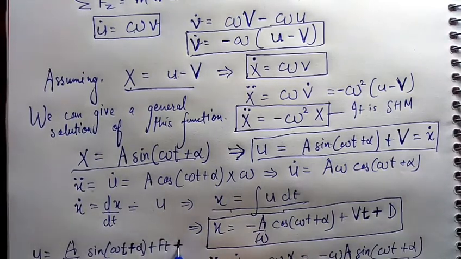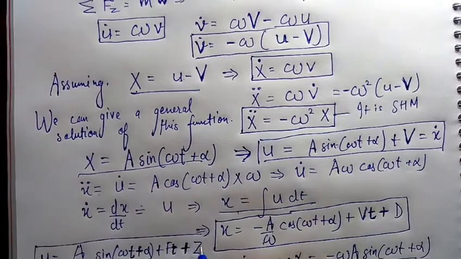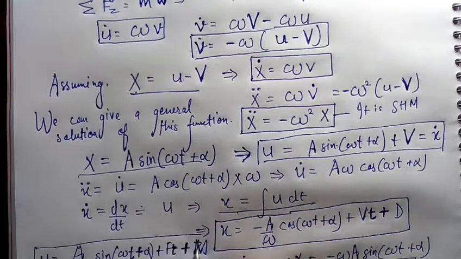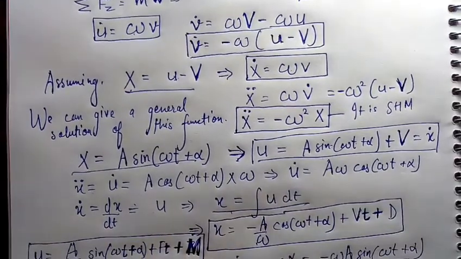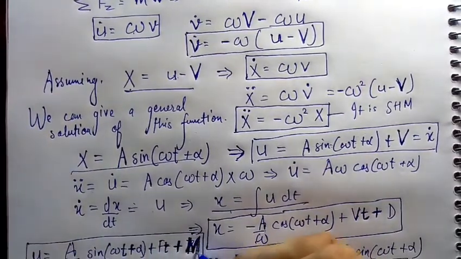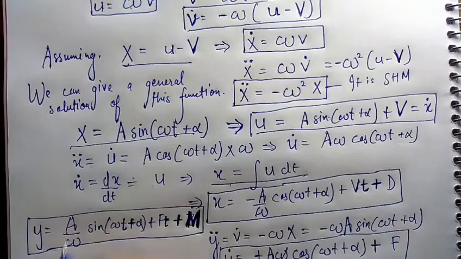Let's choose this as m. Okay, I'm good at choosing constants. Adding some more space for getting z, the equation of z.